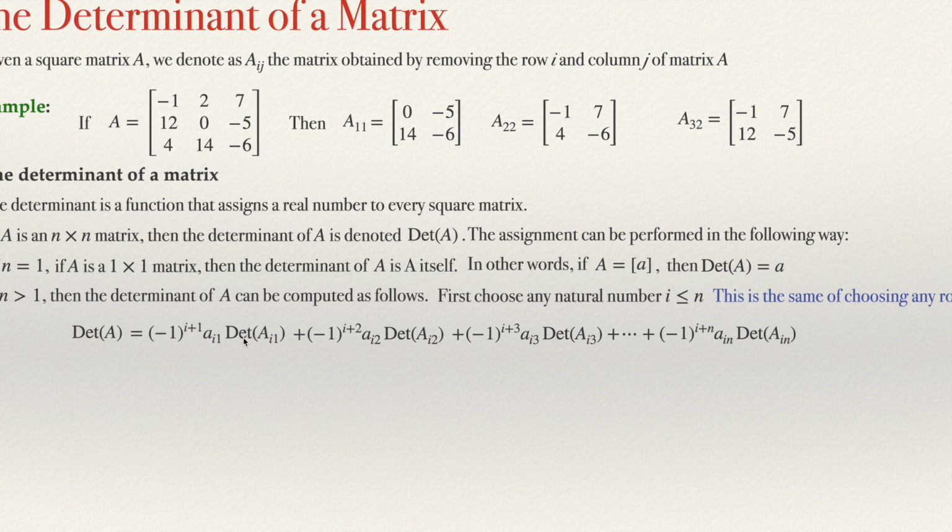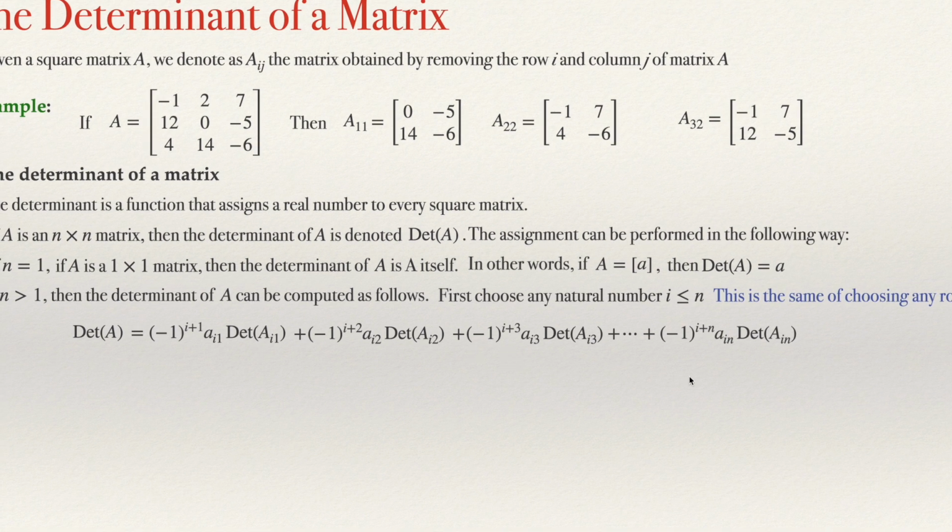So this is good because with this definition you can now compute the determinant of every 2 by 2 matrix, and also a 3 by 3, because now you know how to compute the determinant of a 2 by 2 matrix. If you want to compute the determinant of a 3 by 3 matrix, when you make eliminations of rows and columns, what you are going to obtain are 2 by 2 matrices.